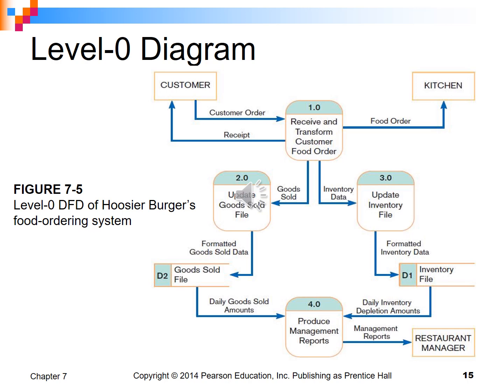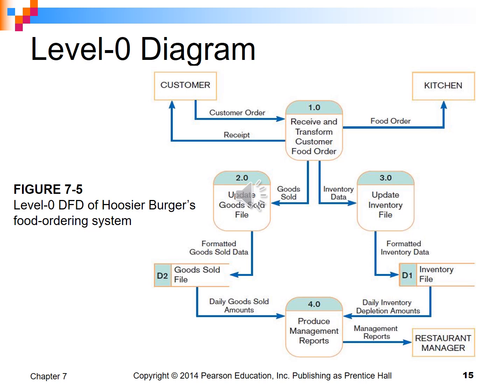The first one, receive and transform customer food order, goes to update inventory. So let's assume that the first one is like a C++ program, the main program, which sends parameters with the inventory data to another program, update inventory file. Update inventory file takes that and goes to the inventory file and updates the information, the item master, and deducts some of those items. Update goods sold: the arrow goes from 1 to 2.